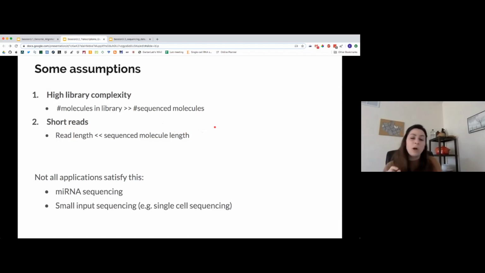And if you have small input sequencing, for example, single cell sequencing, you also cannot assume for a single cell that the number of sequence molecules is smaller than the number of molecules that were present to begin with. So we deal with it in different ways. We have other ways to get around the amplification problem, and I'm not going to go into it now. I just wanted you to keep in mind that not all applications will satisfy the two assumptions we're going to talk about.